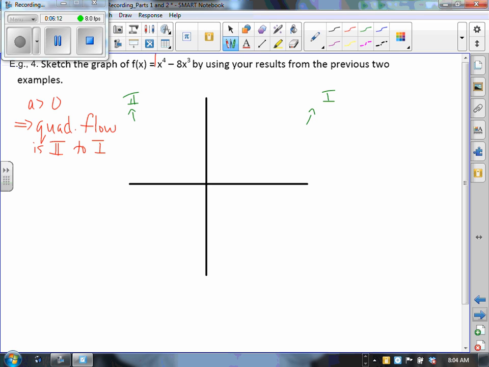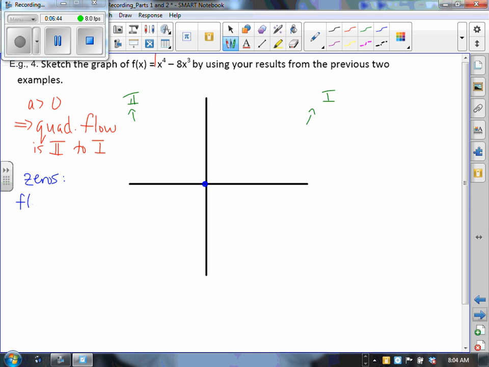If we think about zeros, that is places where it crosses the x-axis, we had determined already that we had an inflection point at 0, which just so happens to be an x-intercept as well as the y-intercept. Other zeros, though, because a quartic function can have at most 4 zeros and at most 3 turning points.